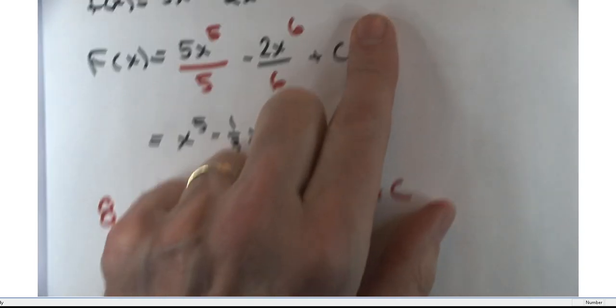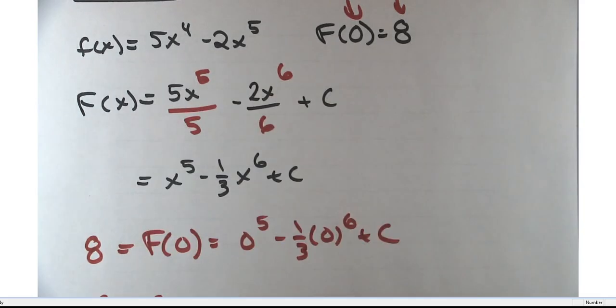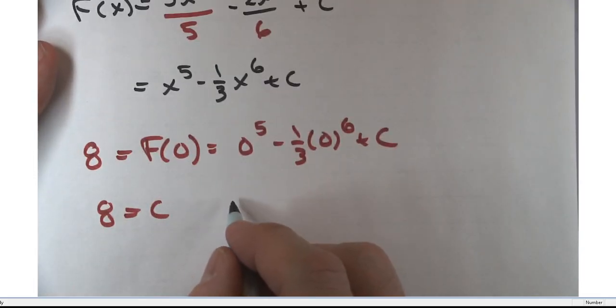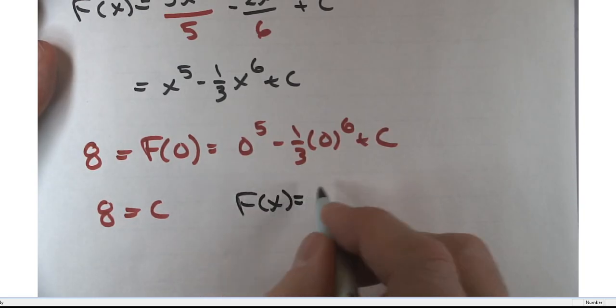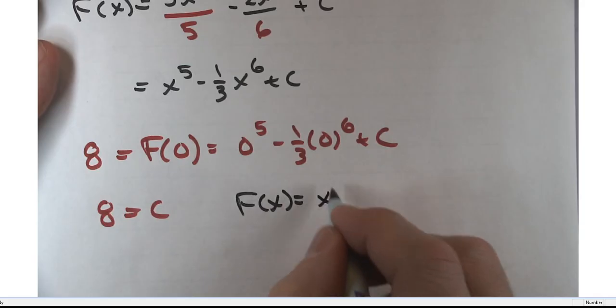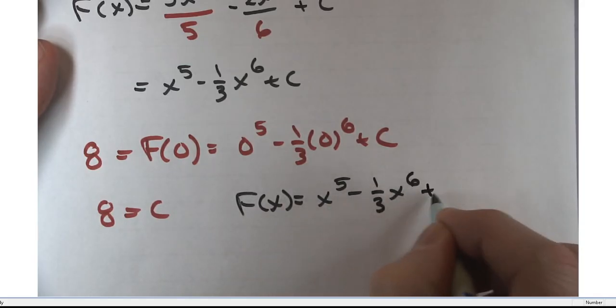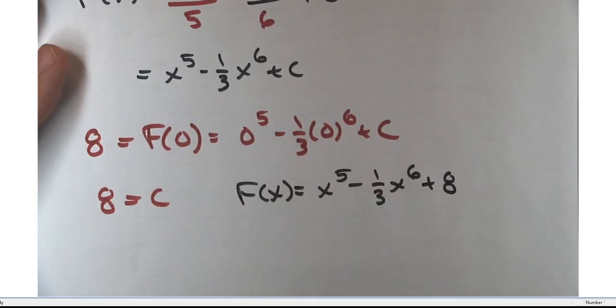This is sometimes called an initial condition, or in other cases it might be called a boundary value problem. In any case, my final answer is f of x equals x to the 5th minus 1/3 x to the 6th plus 8. So there's your initial condition and where you would use it.